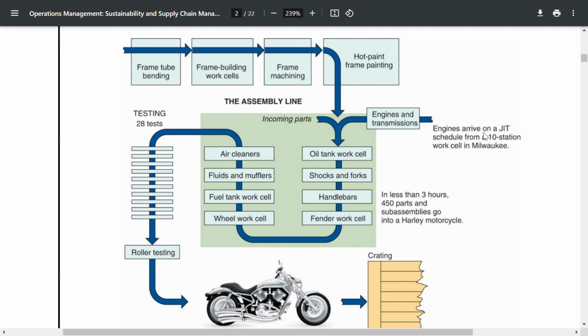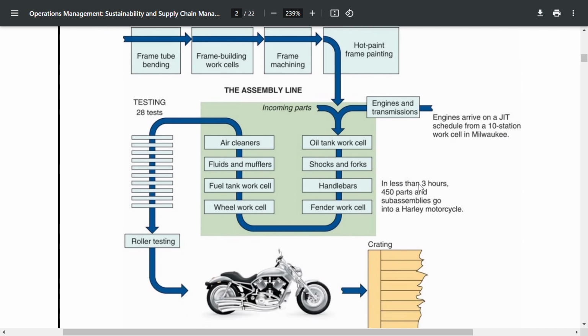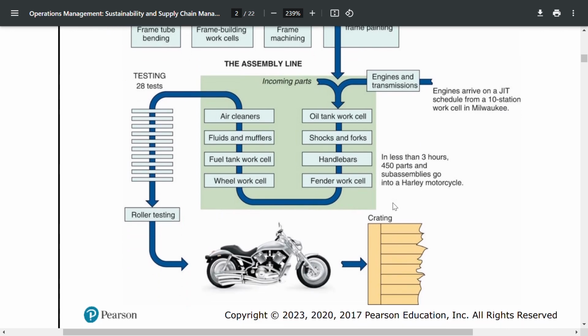The engines arrive on a JIT schedule from a 10 station work cell in Milwaukee. These engines are not produced by the company itself. They arrive on a JIT schedule. We're gonna see what a JIT schedule is.